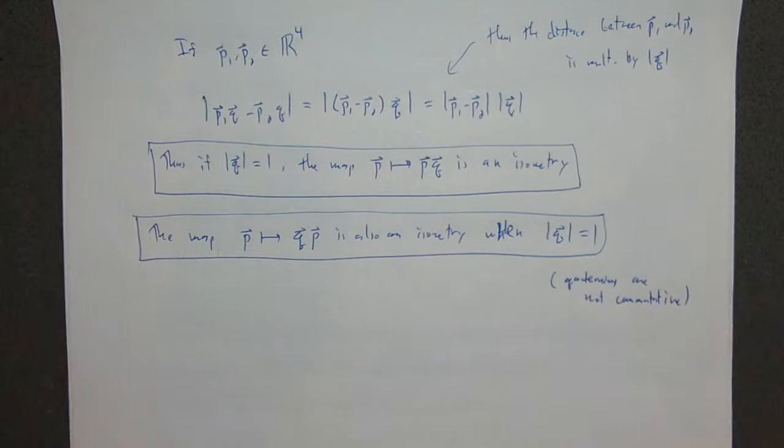It's actually one of the things that was noticed about the quaternions, that the multiplication in them is not commutative. Okay. All right. And so it's true for both of these maps that we get isometries in these cases. Okay.